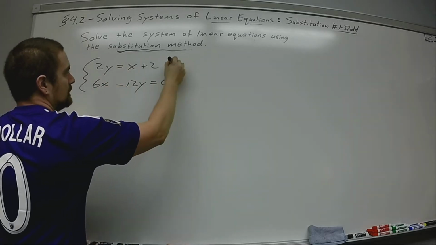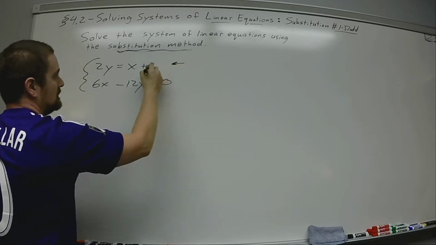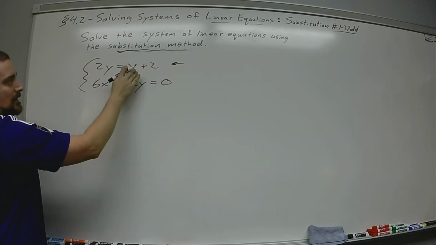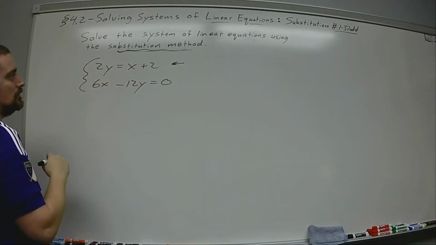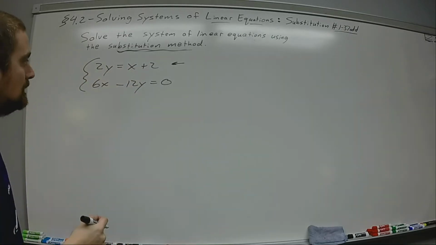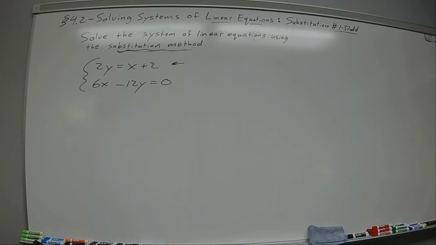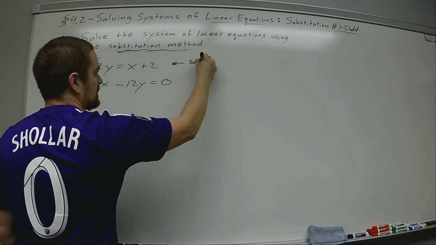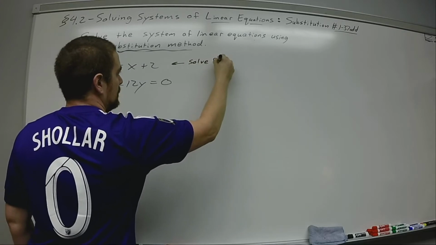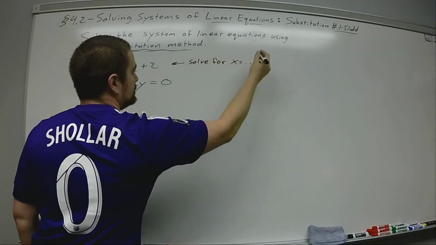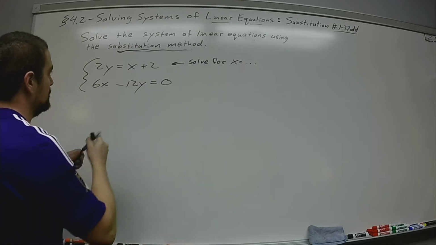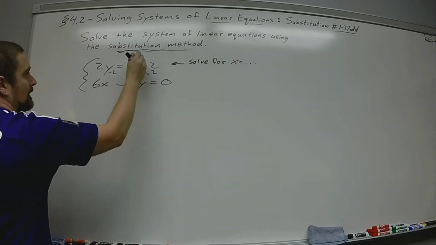In this case, you might want to solve for x by just subtracting 2 on both sides. That way you get x is 2y minus 2. And there's no fractions. With practice, you'll be able to see what the best thing to solve for is. In this case, like we did in the last one, I'm going to solve for x equals some expression in terms of y. And I'll do that by simply subtracting 2 on both sides.